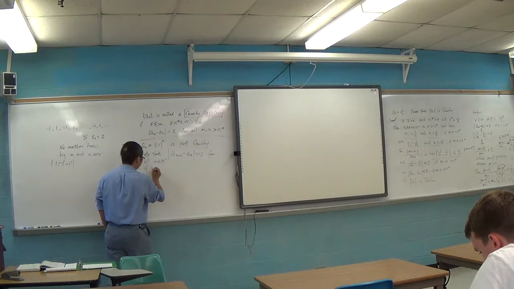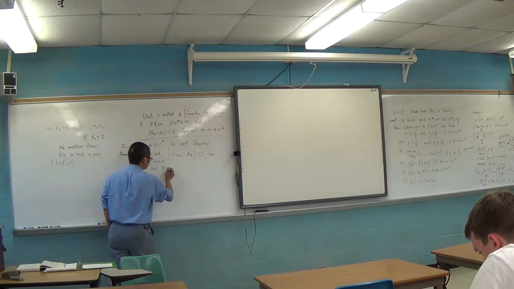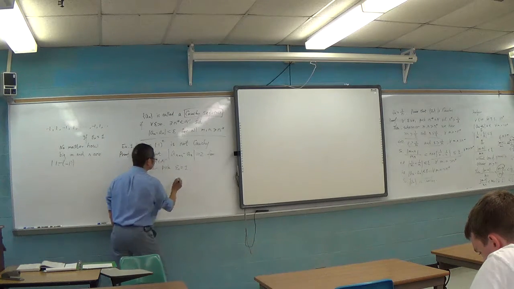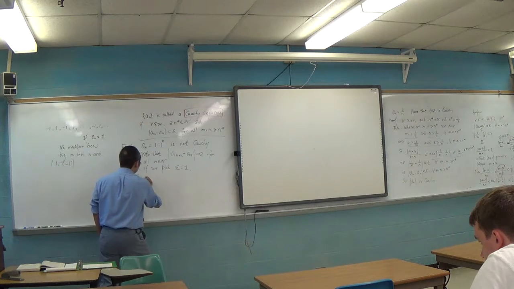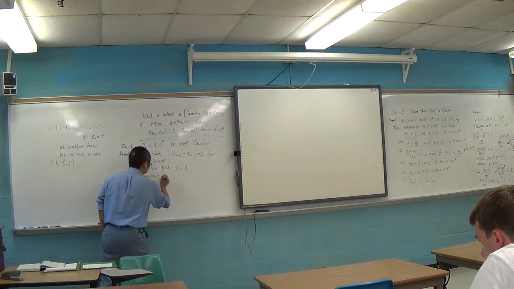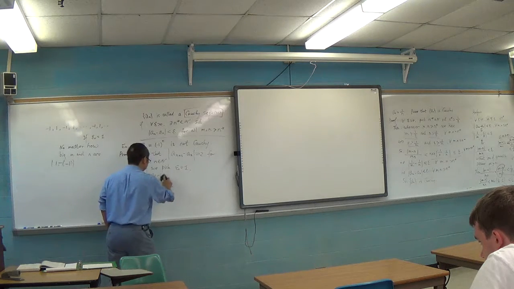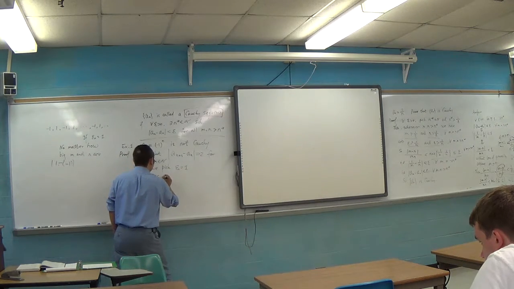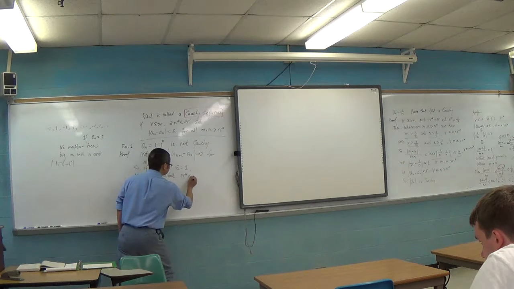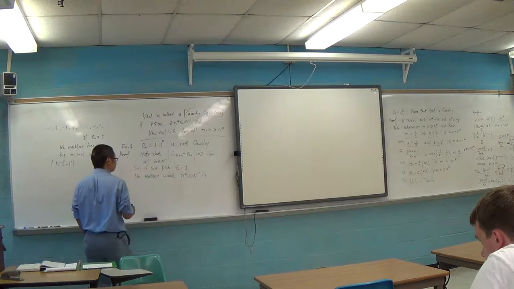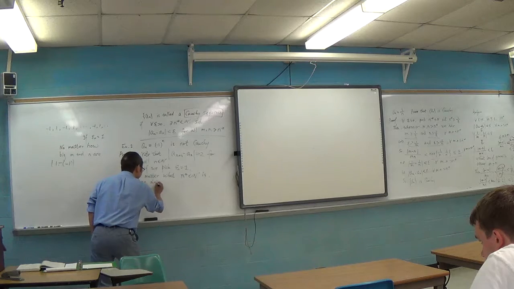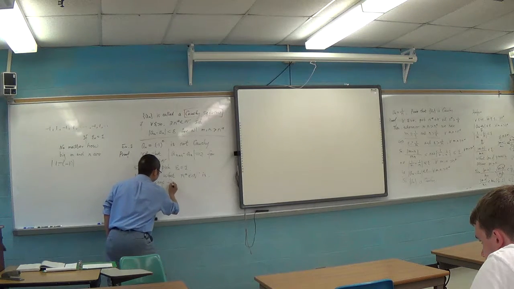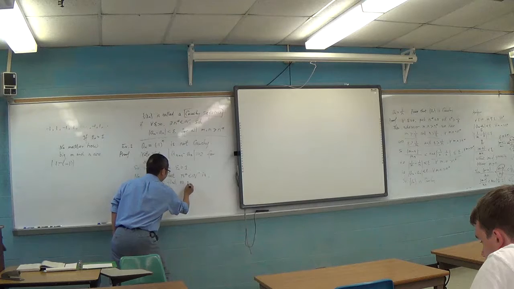So if we pick epsilon 0 equal to 1, no matter what n star is, we can always find n greater than n star.